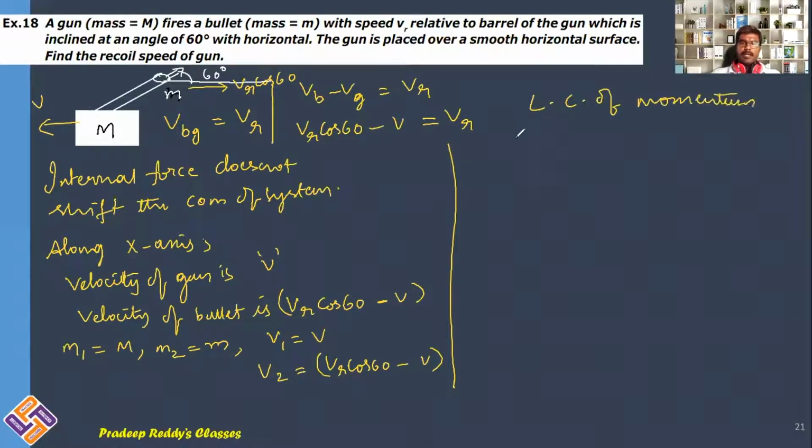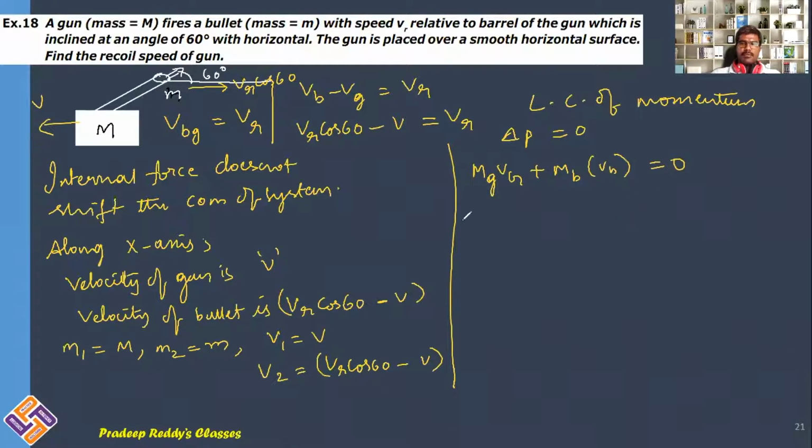Net change in the momentum delta p will be equal to 0. Initially the total system is at rest, therefore the total momentum before and after firing should be equal. Before firing it is 0, therefore the change in momentum for the two masses after firing should also be equal to 0. So I can write it as mass of the gun into velocity of the gun plus mass of the bullet into velocity of the bullet should be equal to 0.